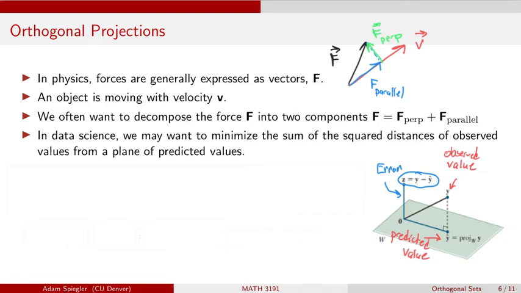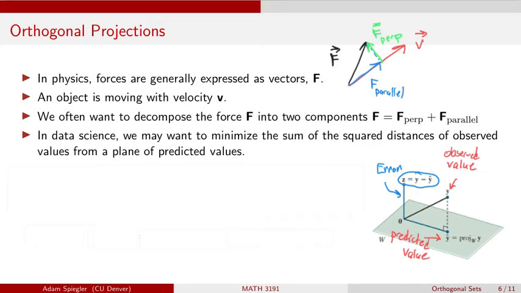So if you're taking any courses in data science or regression, you're likely to run into orthogonal projections in that context, namely when we have a bunch of observed data and we're trying to predict the value of some response variable, we would like to minimize the error in our model, and orthogonal projections have a really central role in that process.